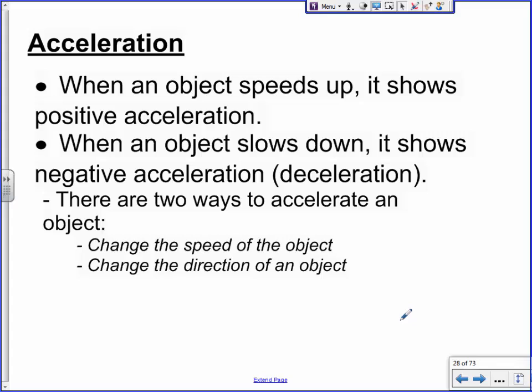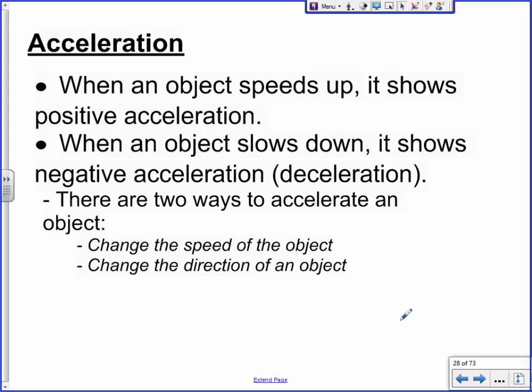Acceleration is basically how fast you speed up or how slow you hit the brakes, right? This is where you change your speed. If you have acceleration, you do not have uniform motion. Let me say that one more time. If you have an acceleration, you don't have uniform motion, because uniform motion means you have a constant velocity.